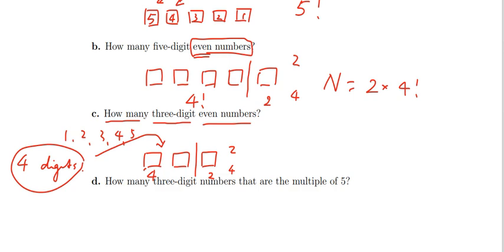We have 4 digits, like 1, 2, 3, 4, or 1, 2, 3, 5, like that. So for this position we have 4 ways. Then this position, 3 ways, right? So totally how many ways? Just 4 multiply 3 multiply 2.